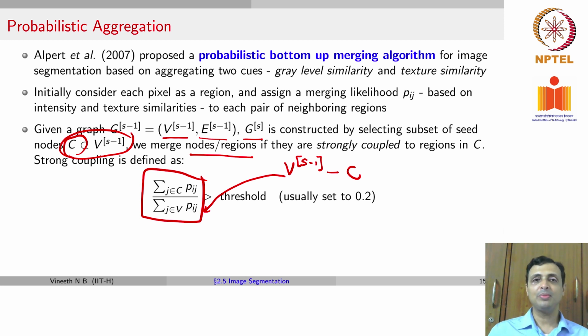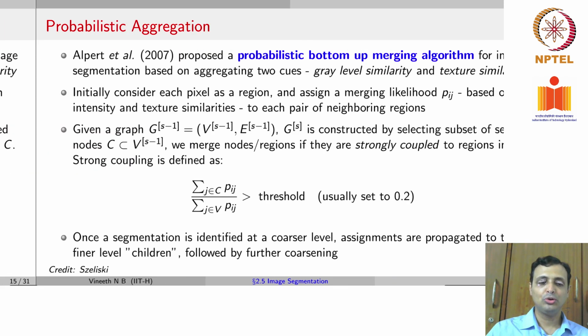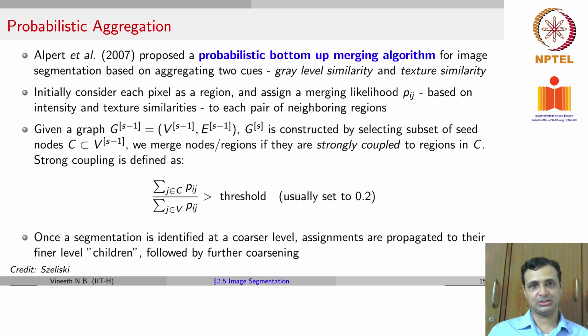So if this ratio is greater than a threshold, which the paper recommends to set to 0.2, then you merge those regions. And once you merge those regions, you propagate those assignments to the finer level children, which would be the property of any region merging algorithm, and you do this coarsening process recursively.